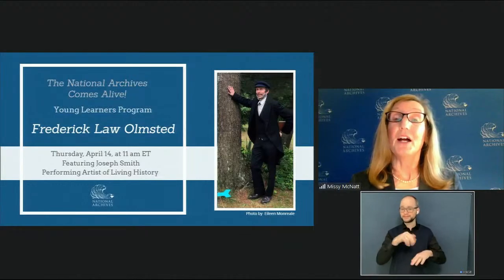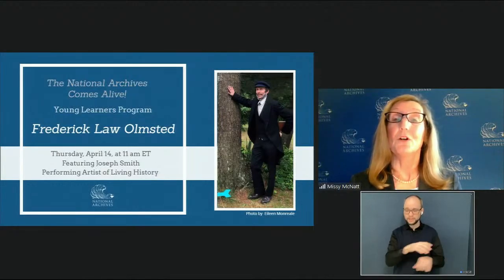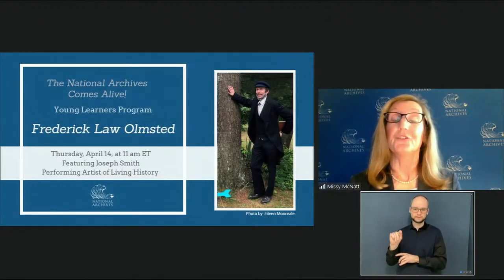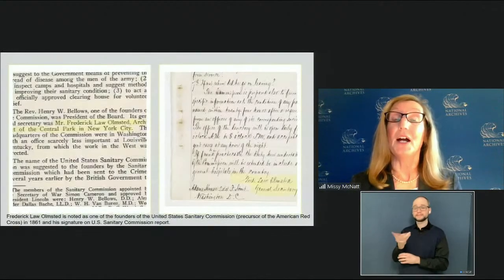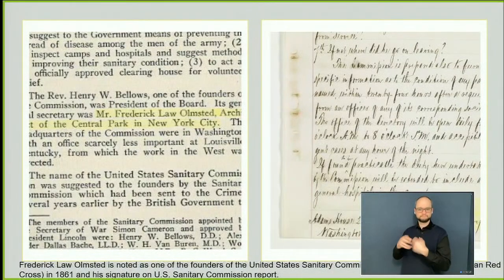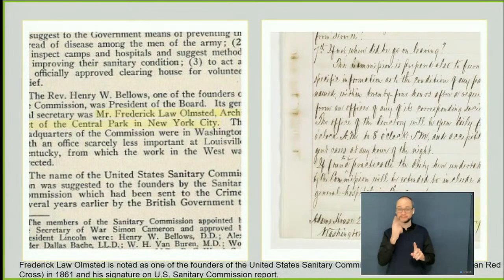There are numerous documents connected to Frederick Law Olmsted in the holdings of the National Archives. Several of his residences are part of the National Register of Historic Places. On this slide, we see two documents that connect him to his position as the executive secretary for the United States Sanitary Commission during the Civil War.